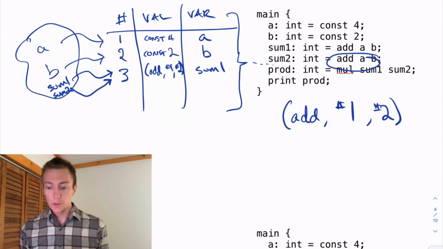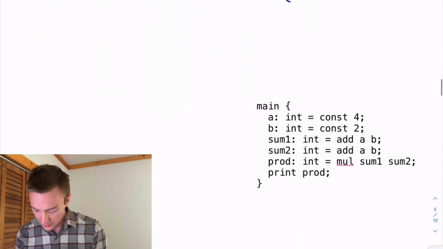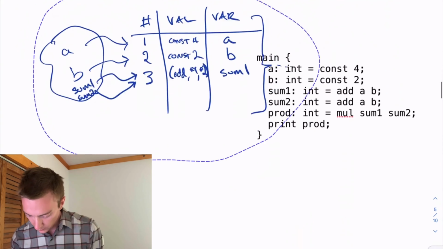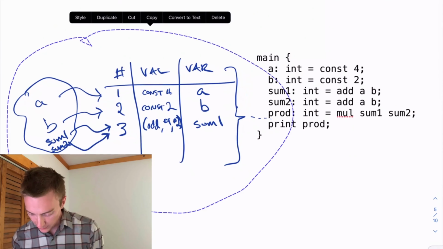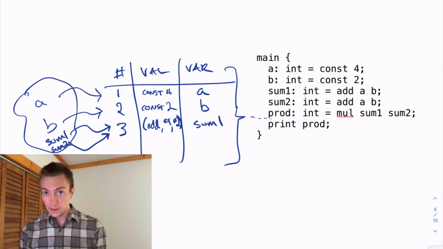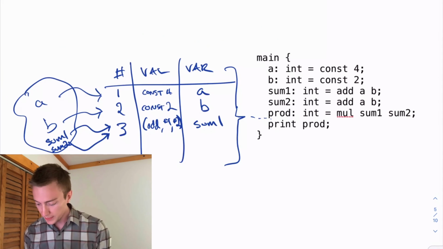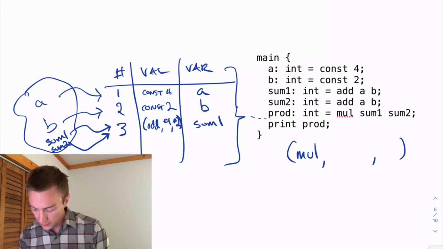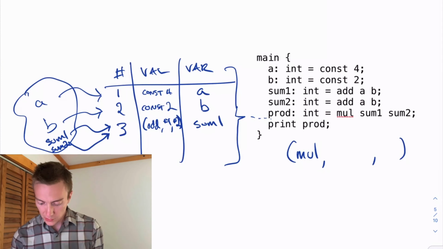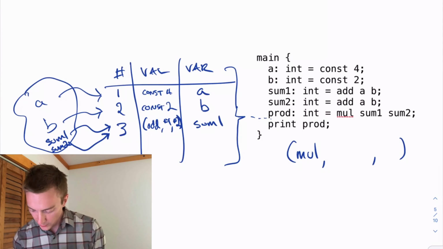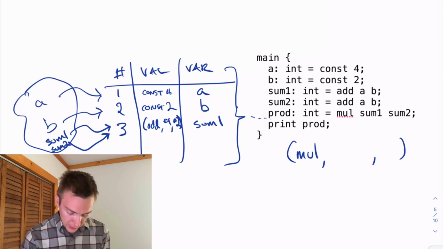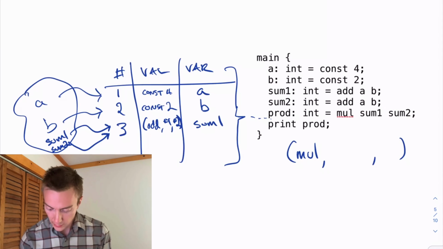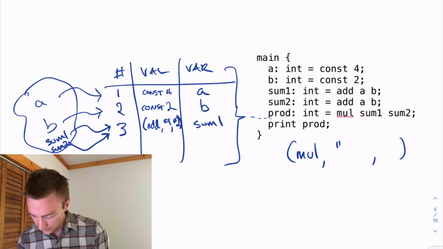That is the multiply of sum1 and sum2. I will copy and paste these data structures again and move them right after prod to see what happens there. The algorithm for constructing the value is, again, just as it was before. This time we will use mul as the opcode, and we're going to need the values associated with its arguments. So here, the first argument is sum1. LVN goes to the cloud, the current environment. It says that sum1 is value number 3.